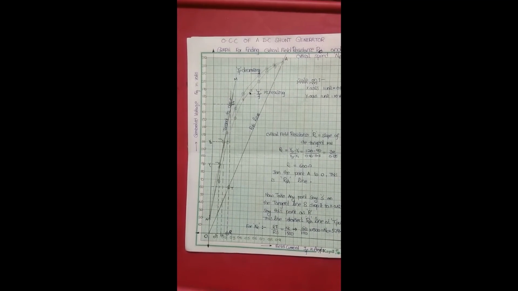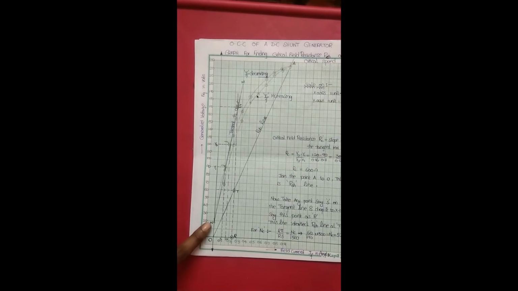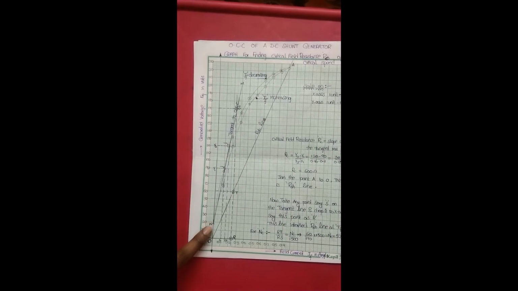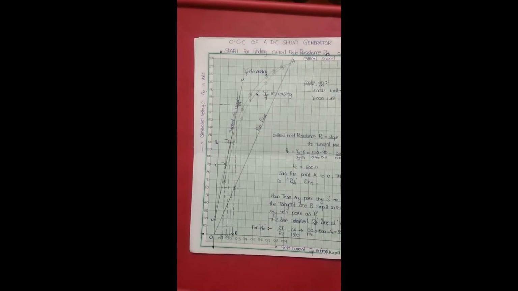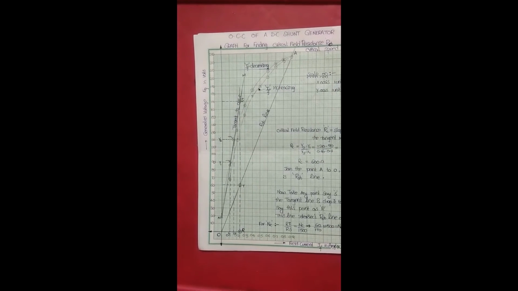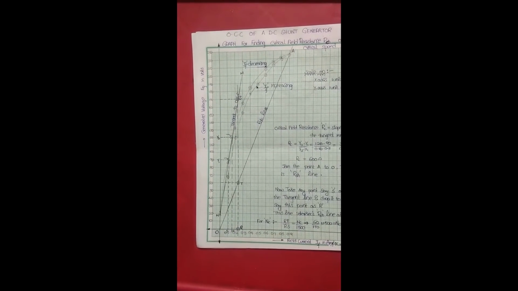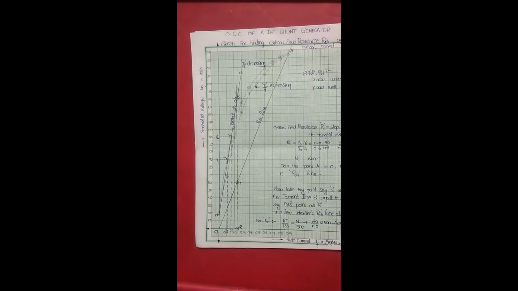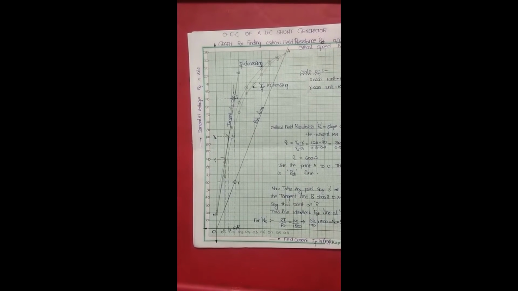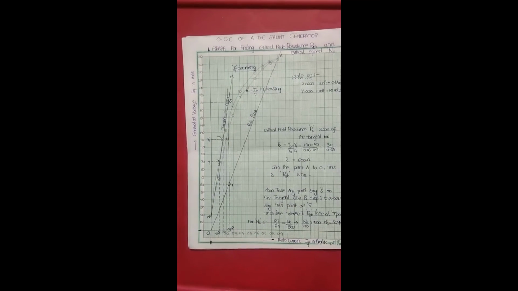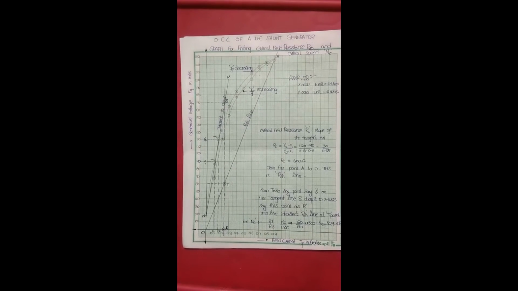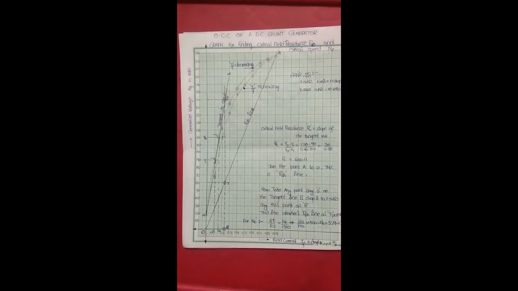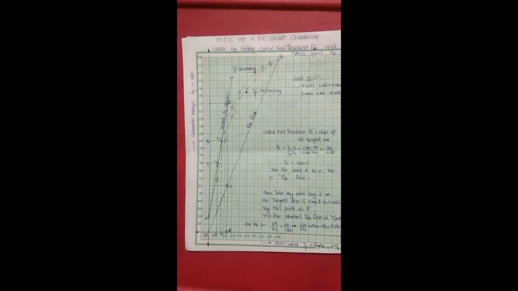In the forward OCC, the residual voltage is 18 volts here, and from that I have drawn a tangent to the initial portion of the open circuit characteristic curve. I named this the tangent to OCC and marked it as NM.